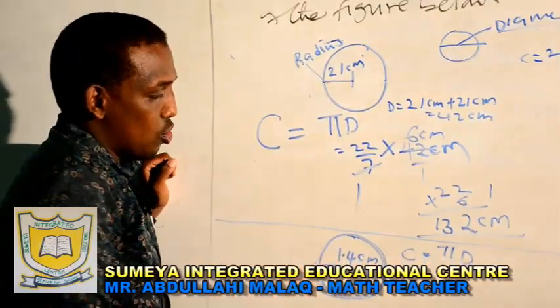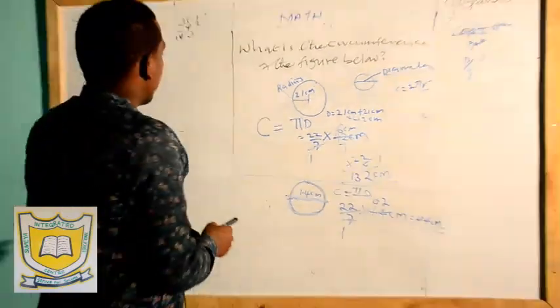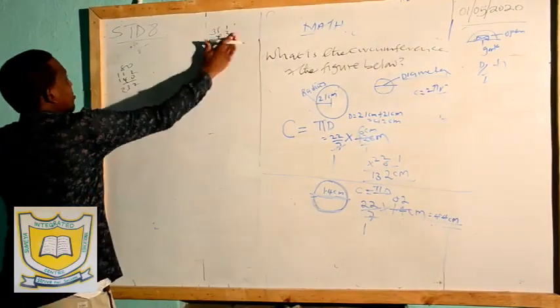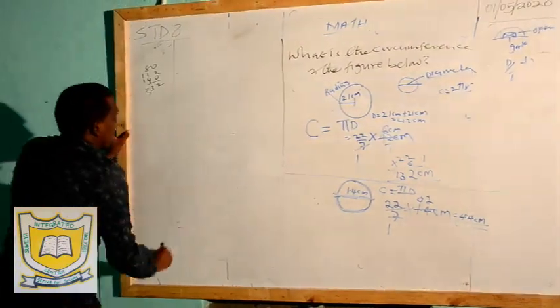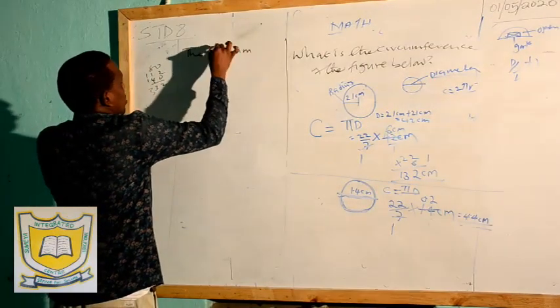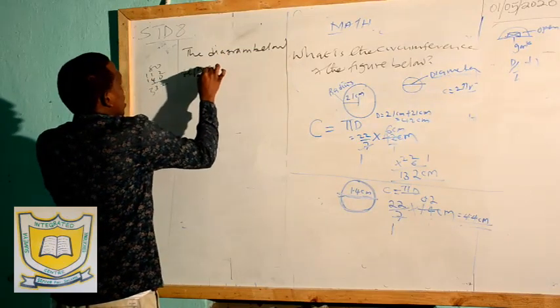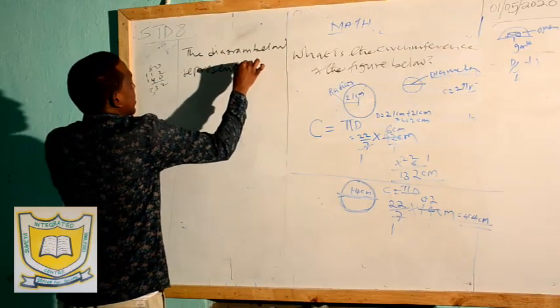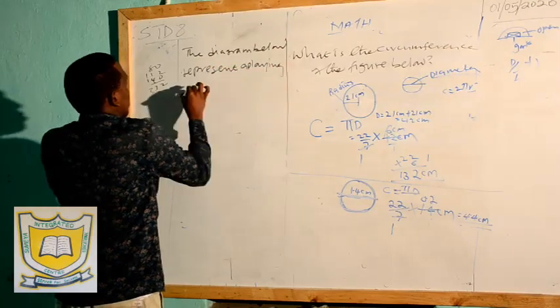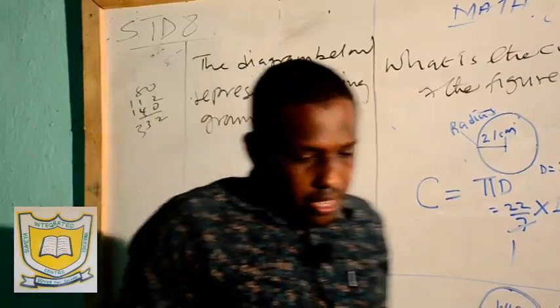Diameter is 1.4. We are told the diagram below represents a playing ground. The diagram below represents a playing ground.